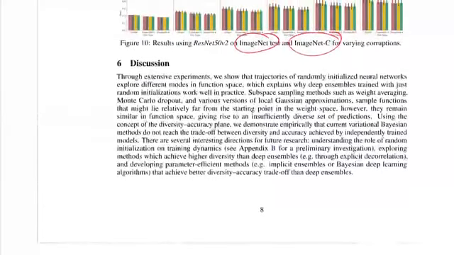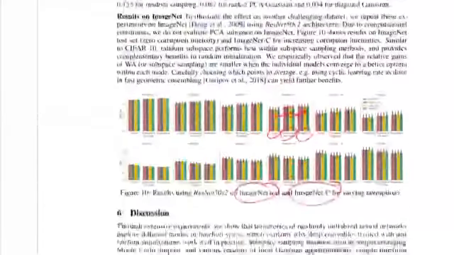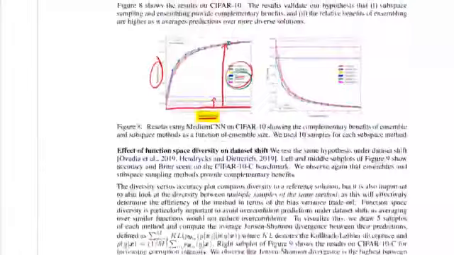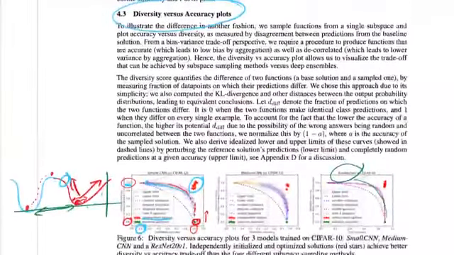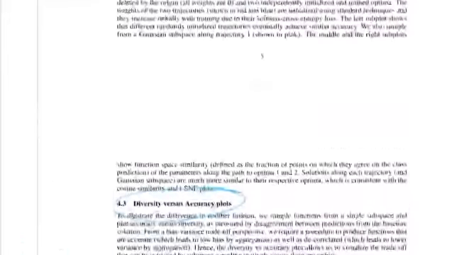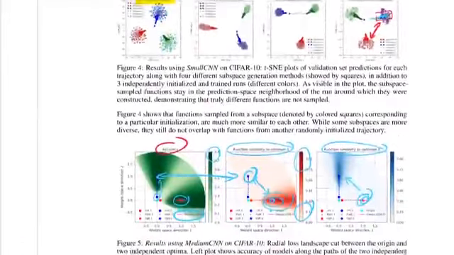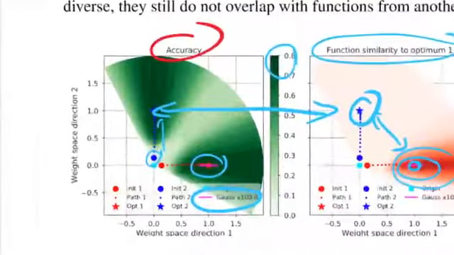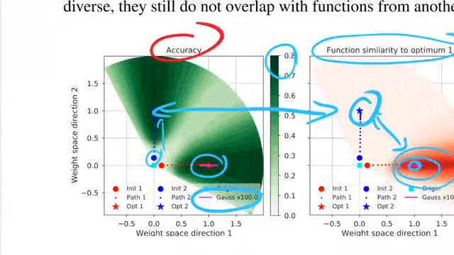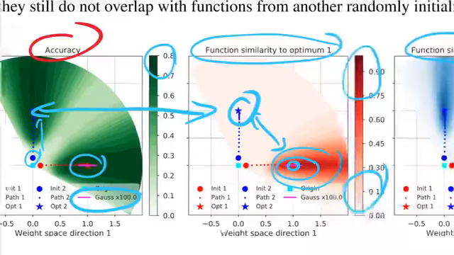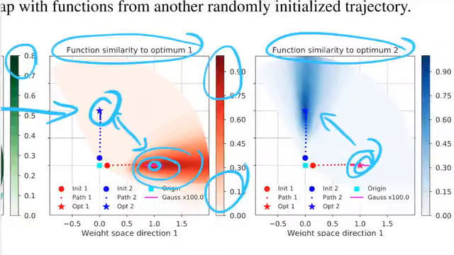So I hope I have convinced you a little bit of how these subspaces look like, how the loss landscape of neural networks look like, especially the fact that there are these different minima, and the random initializations will almost always hit these different minima. And the interesting part is that even though these different minima perform equally well, they are functionally very different.